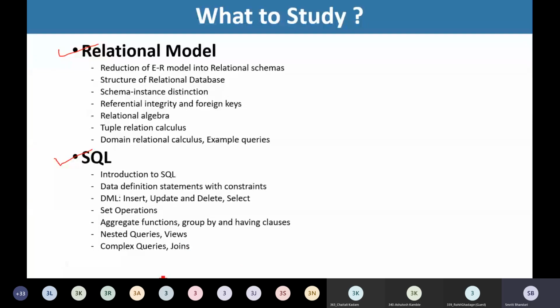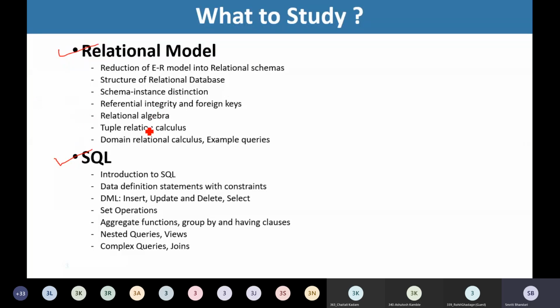In addition, in section number 1, as far as the practical aspect is considered, in the first few sessions we will be focusing on how the ER model can be converted into the relational schema. Once we get this relational schema, we are going to practically implement it.